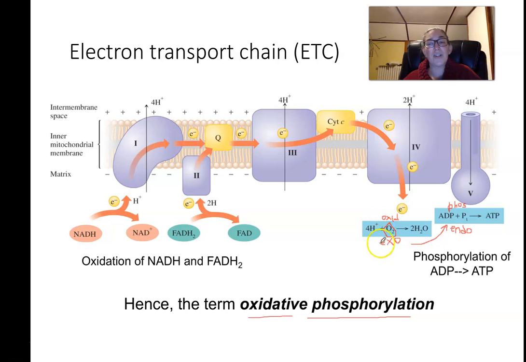This is why oxygen is so vitally important to us, because we need it to make energy. We can't make energy without it because we need the oxygen to be this final electron acceptor so we can do this exothermic reaction and fuel this endothermic reaction. So that's what oxygen's all about. This right here is exactly why we breathe.